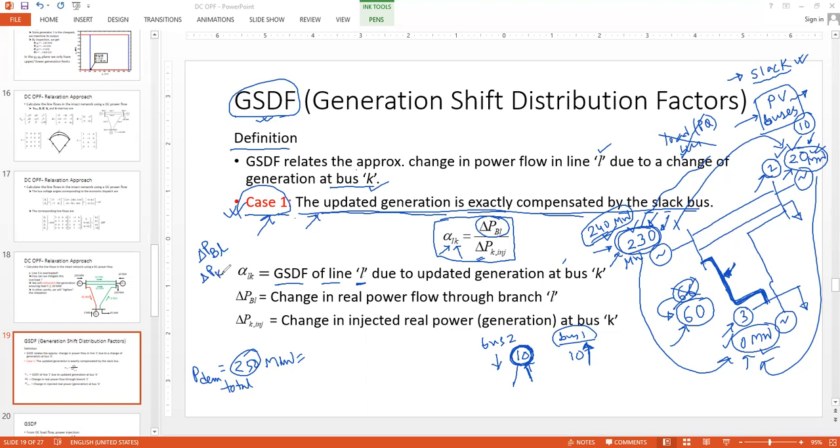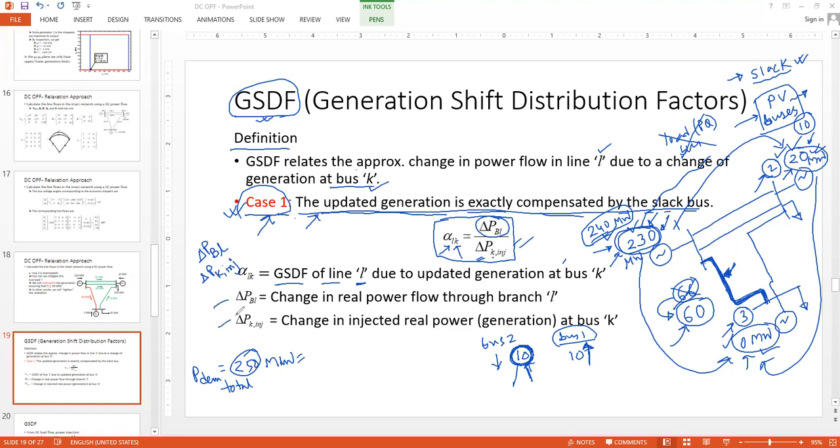K is the bus number where we are considering the injection change, and to make it clearer, we also write it as inj, in short meaning injection. So alpha LK is simply the ratio between the change of line flow at line number L due to the change of injection of generation at bus number K. This is the definition of GSDF in general.